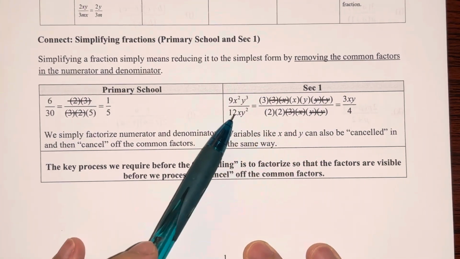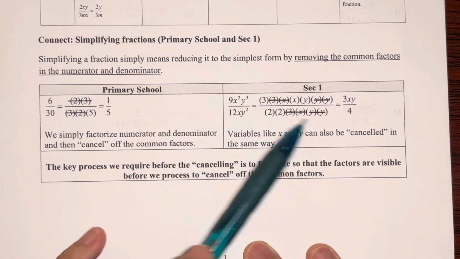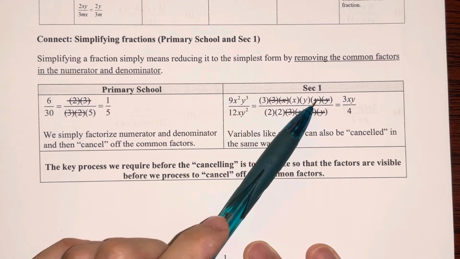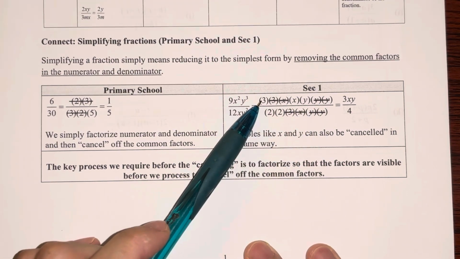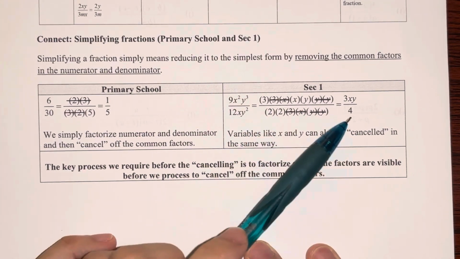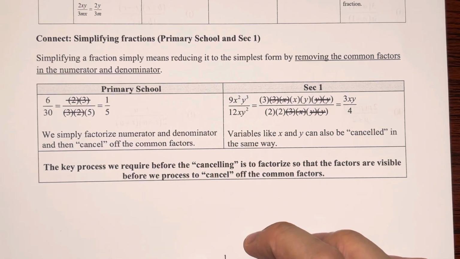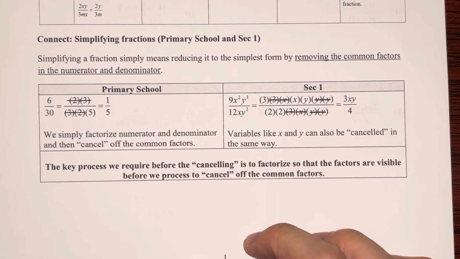And you can see that below I'm doing the same thing. 12 is 2, 2, 3, and then x and y squared. So you see the 3 cancels, the x cancels, the 2 y's and the 2 y's cancel. So what's left in the numerator is 3xy here. And then the denominator is 2 times 2, 4. So actually what we are doing is exactly the same thing. So in Sec 2, actually the math has not changed.